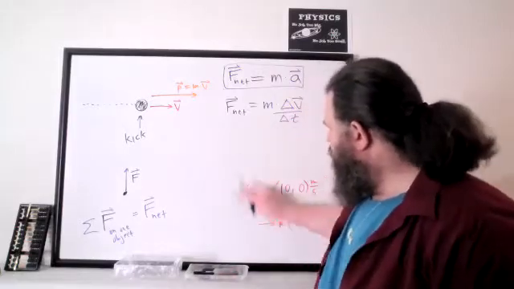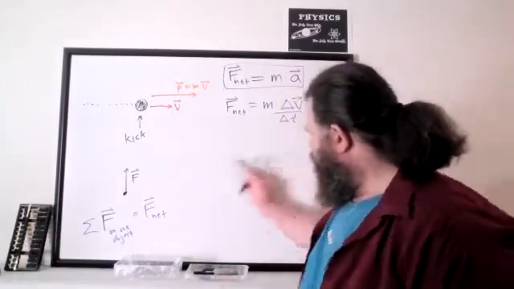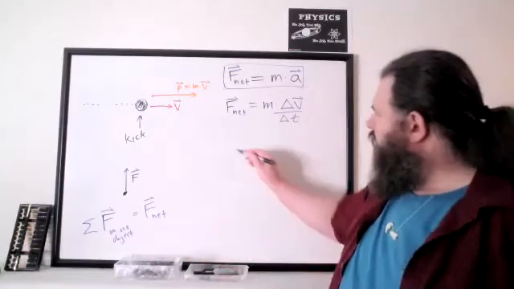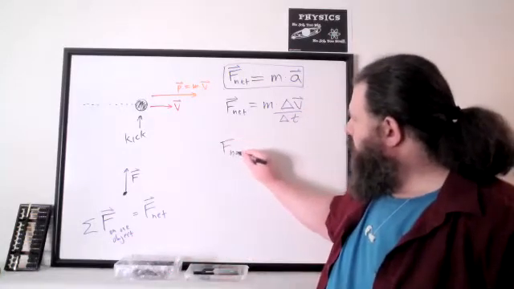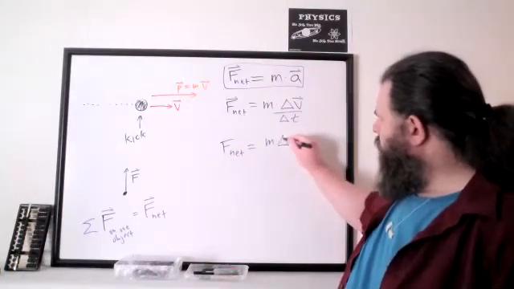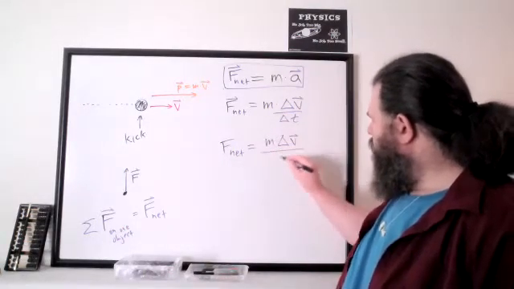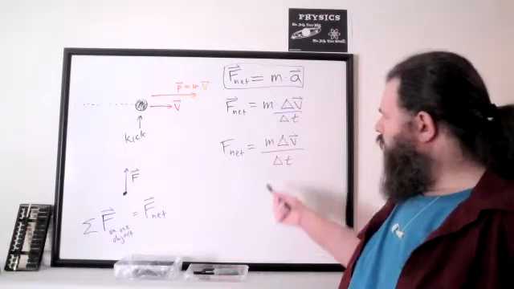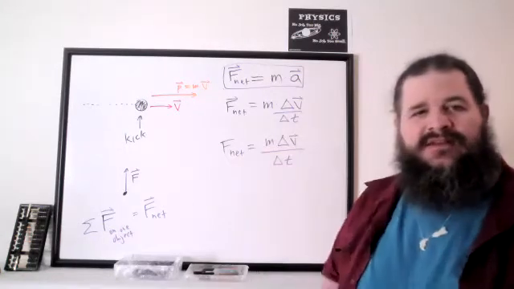So in that case, we can rearrange these terms a little bit. If I combine the mass with the delta v, what do we call mass times change in velocity?